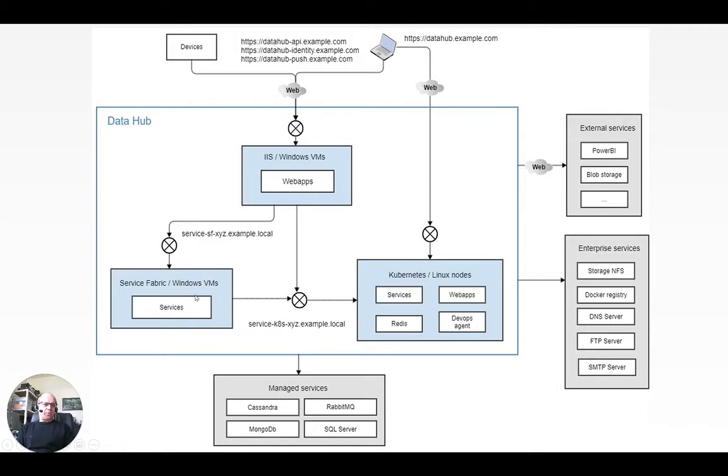Then we have a block which is Service Fabric. This is a Microsoft platform, which is available as a service in Microsoft Azure, but we can also deploy it on VMs. And since we still have some microservices on Service Fabric, we still need to maintain and manage this platform.